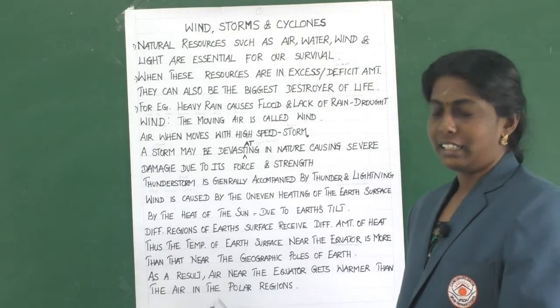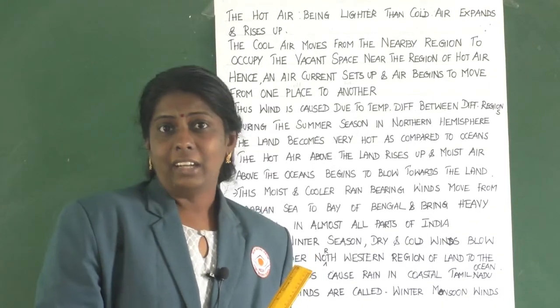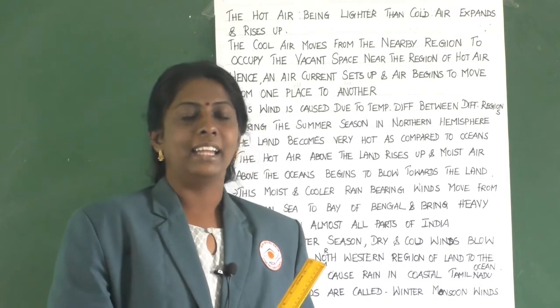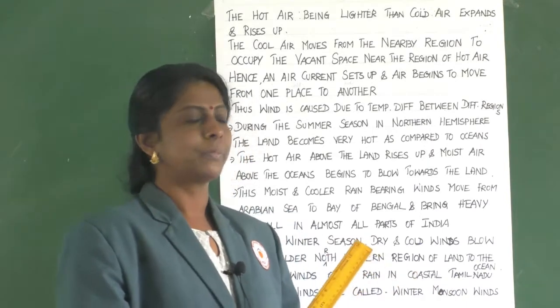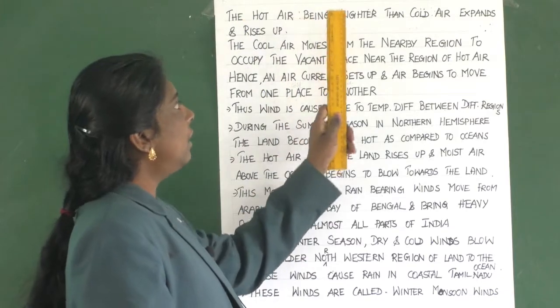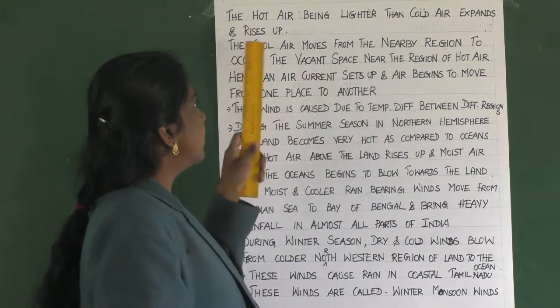Clear, children? Yes. Thus, the air near the equator gets warmer than the air near the ends, isn't it? Yes. So the hot air, being lighter than the cold air, expands and rises up.